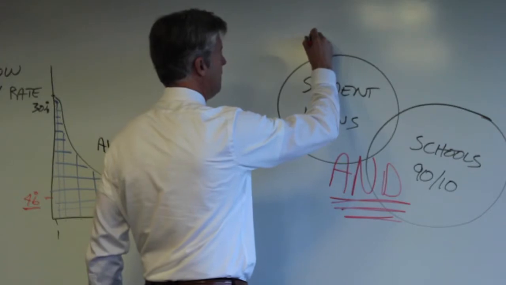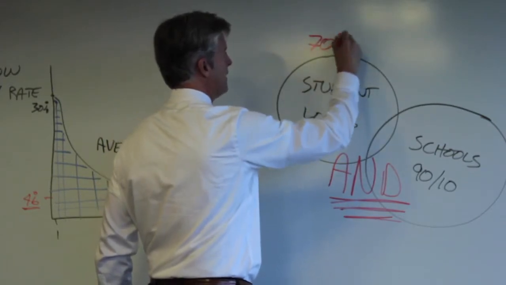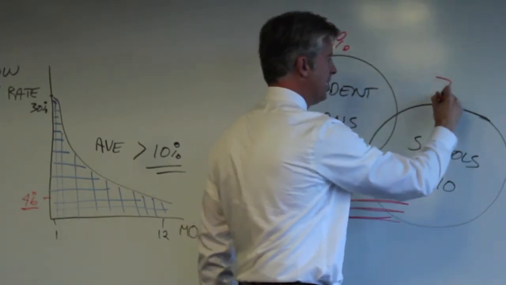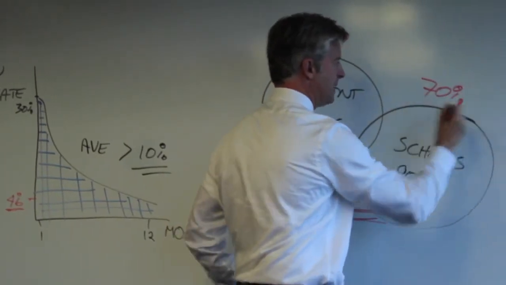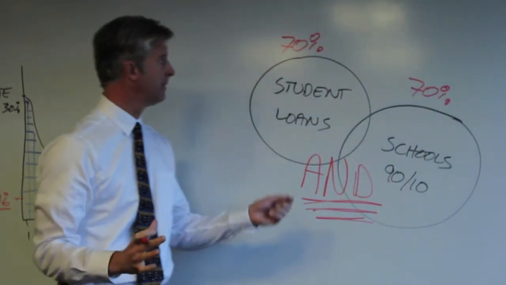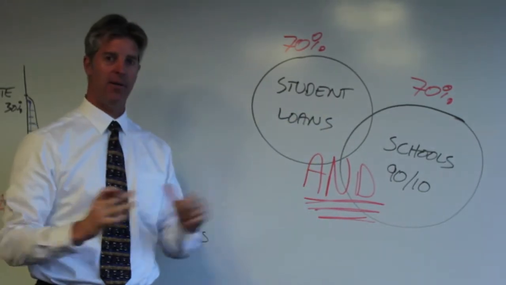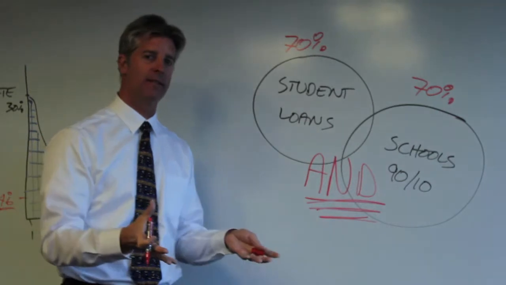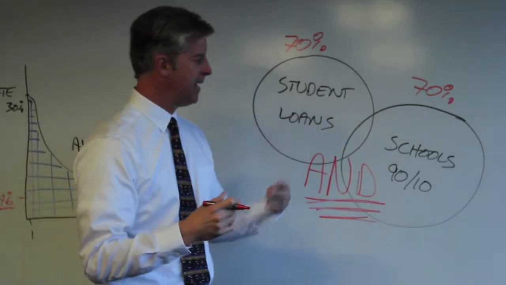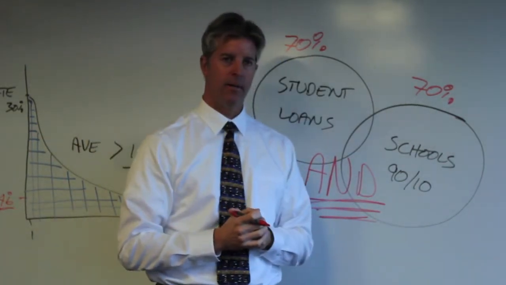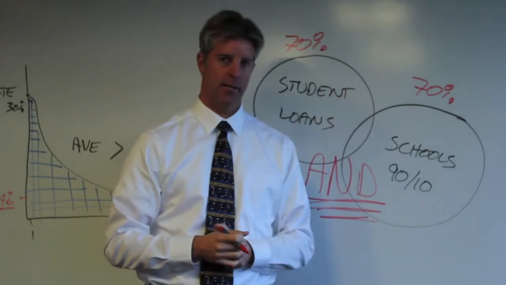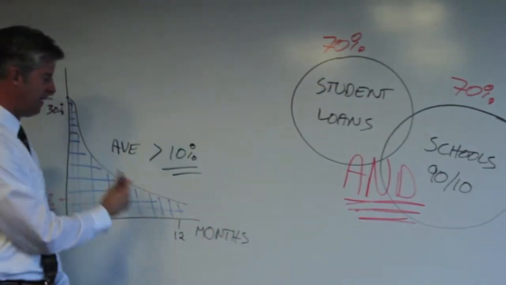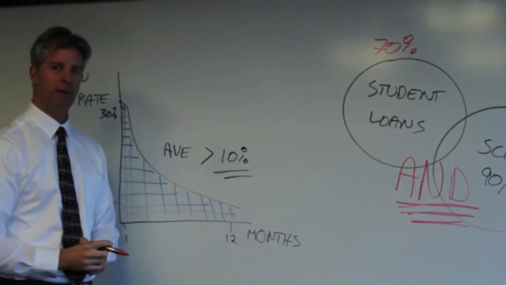Because you need more than 70% of the students to stop paying and 70% of the schools to stop paying. Only at that point is there a chance of a default. Why? Because the two funds, of which I have one, step in and refund you your money. So it's actually a higher percentage than that. In fact, it's an even higher percentage when you come back to the fact that you've got a blended student loan portfolio.